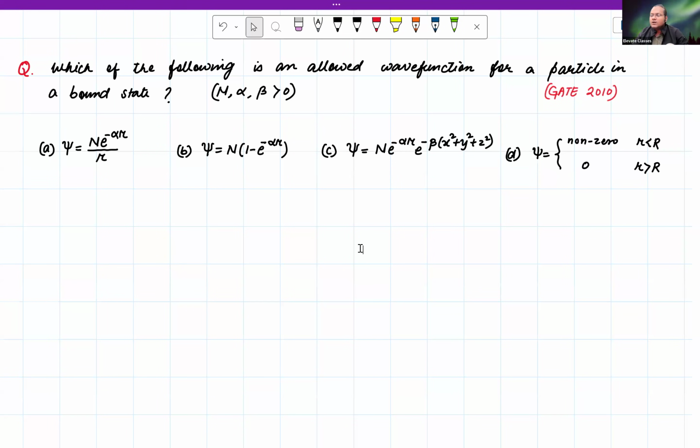How can you figure out which one of them represents an acceptable solution for a bound state? बताइए इसका answer क्या होगा.